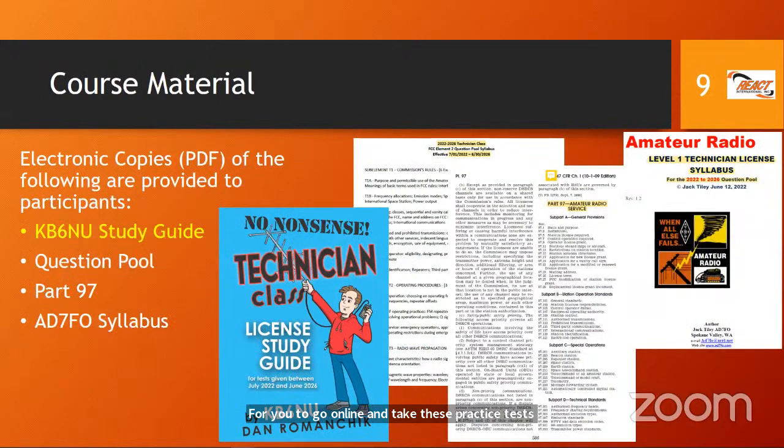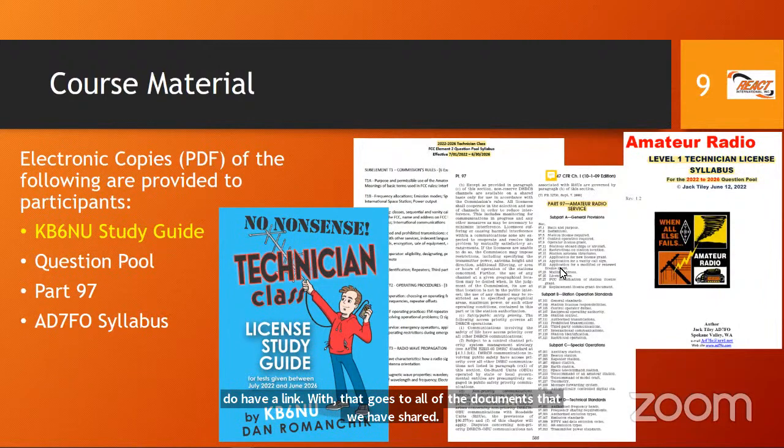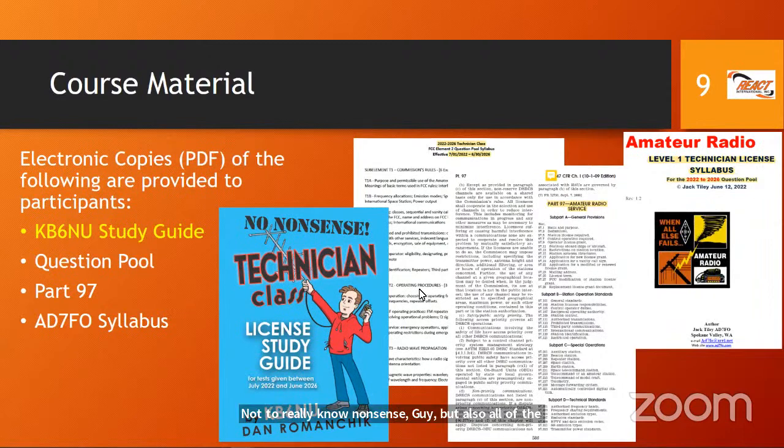Also, the course material: we are using the No Nonsense Technician Class License Study Guide. Folks, some persons are still saying they don't have access to it, they never got it. It's included in the first couple of sessions as attachments. For all sessions going forward, we have a link that goes to all of the documents that we have shared, not only the No Nonsense Guide, but also all of the supplementary material, as well as all of the slides.